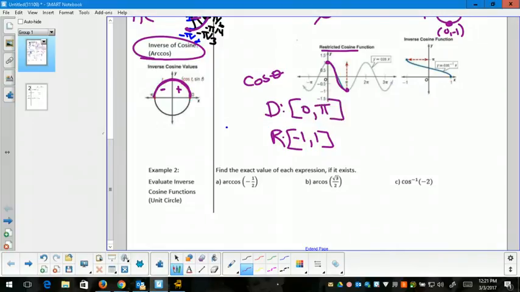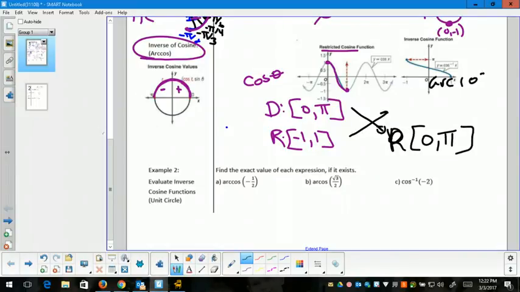Just like sine, if you're looking at the inverse, the x and y, so the domain and range, switch. Our new range is 0 to pi when we're talking about arc cosine or cosine inverse, and our new domain is going to be -1 to 1. So if you have cosine inverse or arc cosine of any number between -1 and 1, there will be one output that matches, and that output will be the angle that it matches up to on the unit circle.